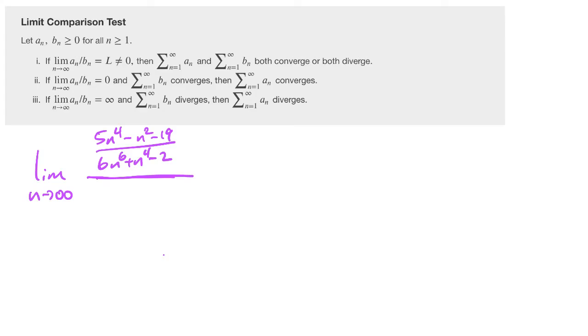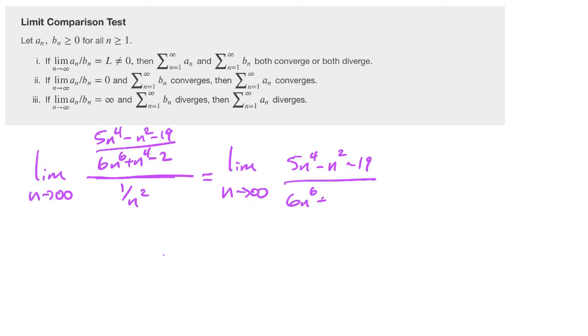And we're comparing this to the series that we know about, in particular, 1 over n^2. So if we look at this limit, let's see what happens. We have the limit as n goes to infinity of (5n^4 - n^2 - 19) over (6n^6 + n^4 - 2) times n^2 over 1.